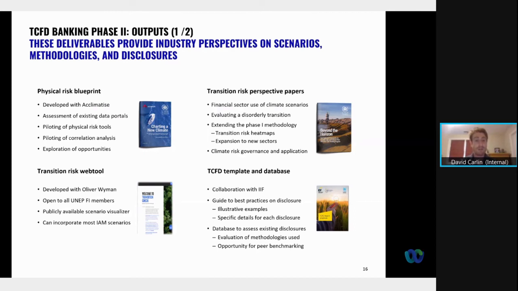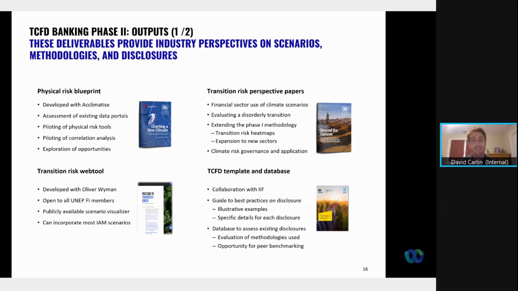We also developed, from our methodology from phase one, a web tool for assessing transition risk with Oliver Wyman. And we wrote a few papers both on heat mapping as well as exploration of new sectors.